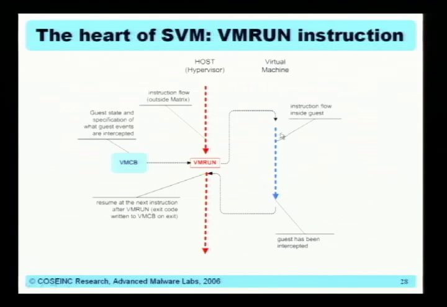The operating system here executes until a page fault exception occurs, for example, or a debug exception occurs, or somebody issues a SIDT instruction, whatever. And then we break into the hypervisor, and we continue execution from the next instruction after VMRUN, just as if it was a call instruction, a generalized call instruction. And from this point on, we call this the hypervisor, and we call this the guest.